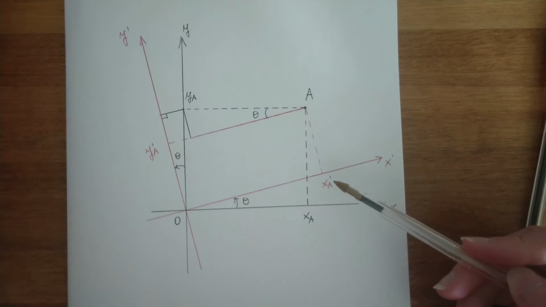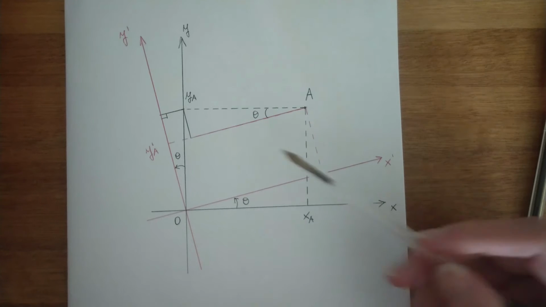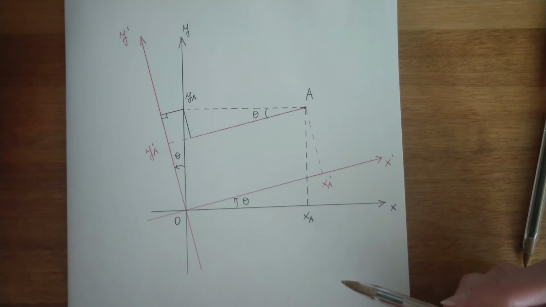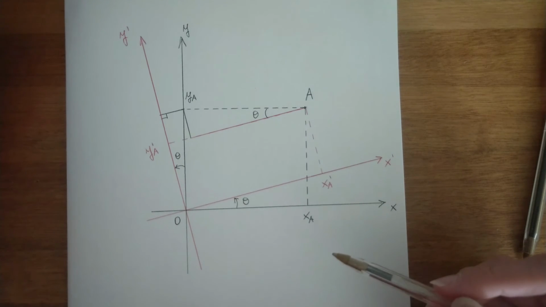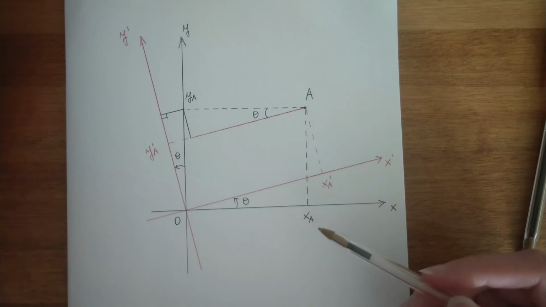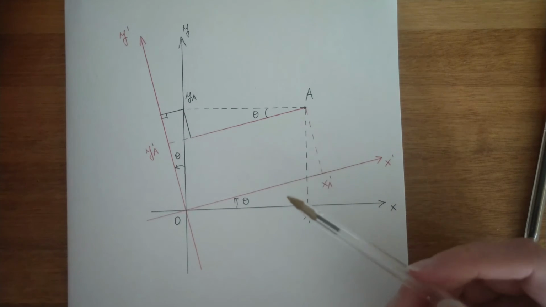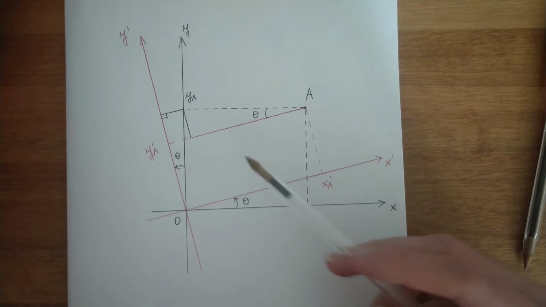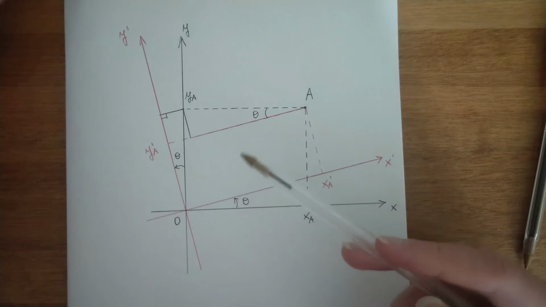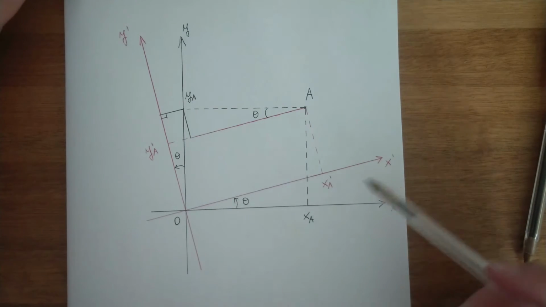So we want to find xa prime and ya prime. We will project our original coordinates xa and ya along the new direction represented by y prime and x prime.